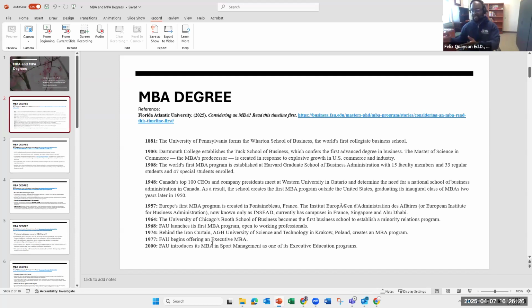In 1948, Canada's top CEOs and company presidents meet at Western University in Ontario to determine the need for a National School of Business Administration in Canada. Now, as a result, the school creates the first MBA program outside of the United States. So in 1948, Canada creates its first MBA program outside of the United States, graduating its inaugural class of MBAs 2 years later in 1950.